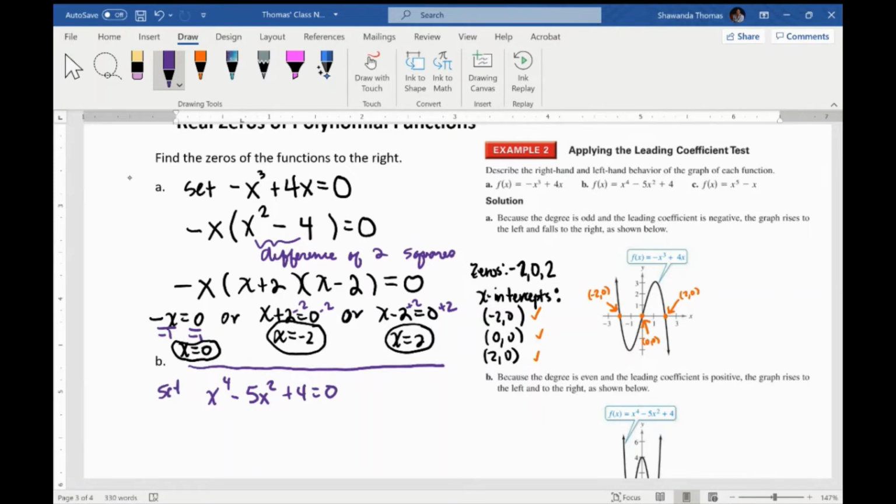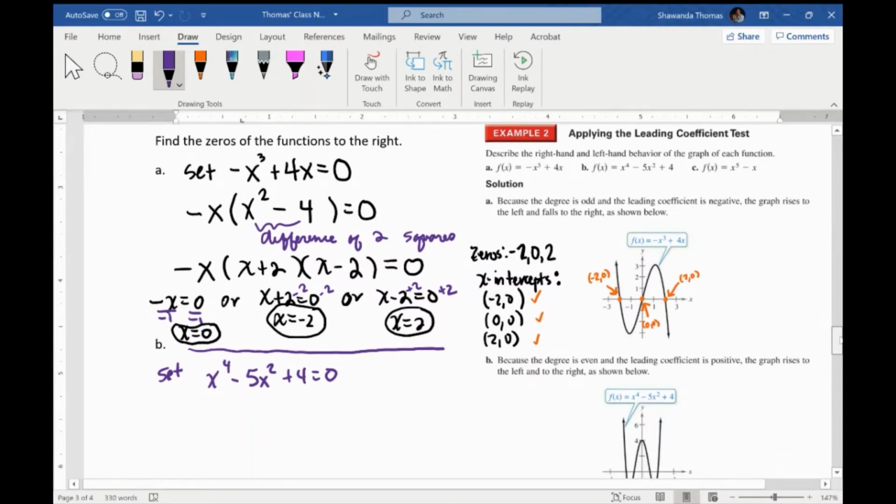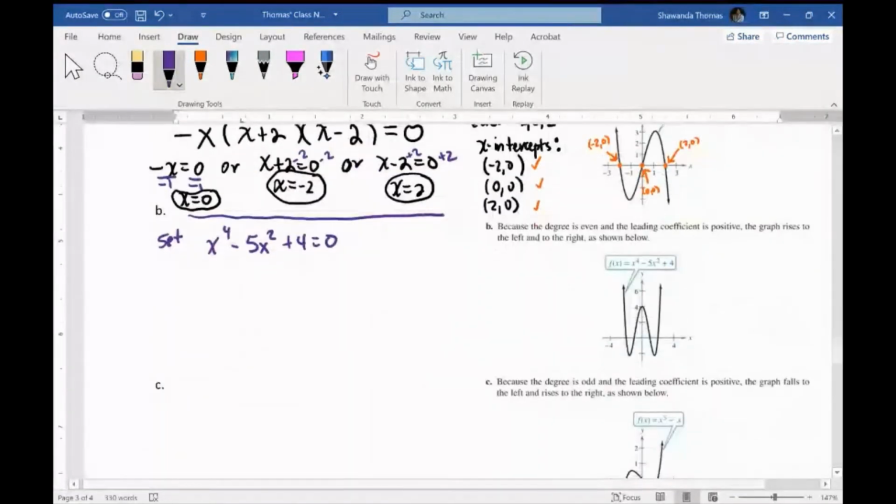What's the next step? You subtract 4 from each side. Well, I only do that when the degree is 1. Okay. What happens when the degree is higher than 1? You can factor. Factor, yes, okay. x to the 4th though, but what type of polynomial is this? It is a trinomial.